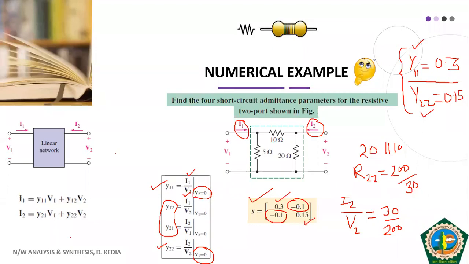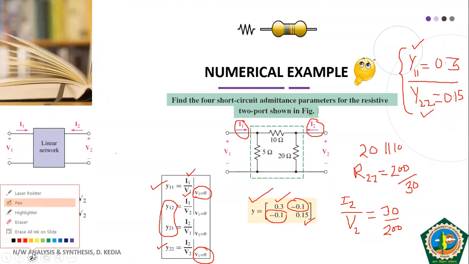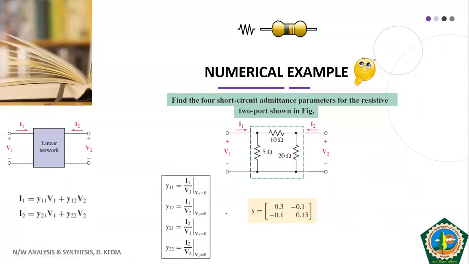Now let us move to Y12 and Y21. Okay. So let us start with Y12. So for Y12, our V1 should be 0. So this is V1 that is made 0. Okay. So for this, if we made this as 0, this resistance is out of the picture, as we have already discussed.